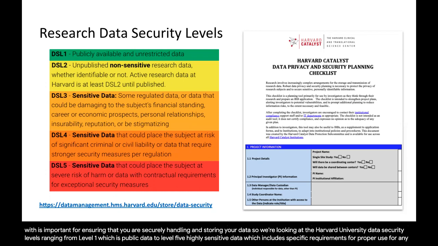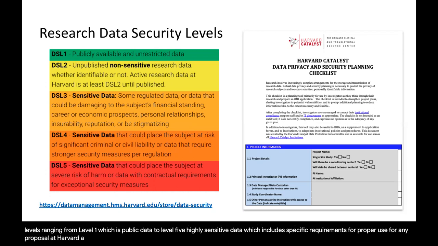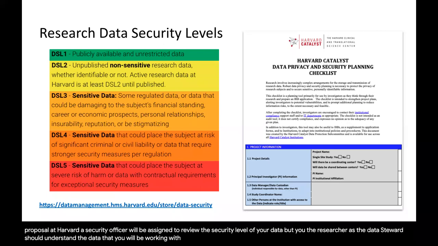For any proposal at Harvard, a security officer will be assigned to review the security level of your data, but you, the researcher, as the data steward, should understand the data that you will be working with. So this Harvard Catalyst data privacy and security checklist can help you think about your research and prepare an IRB application.